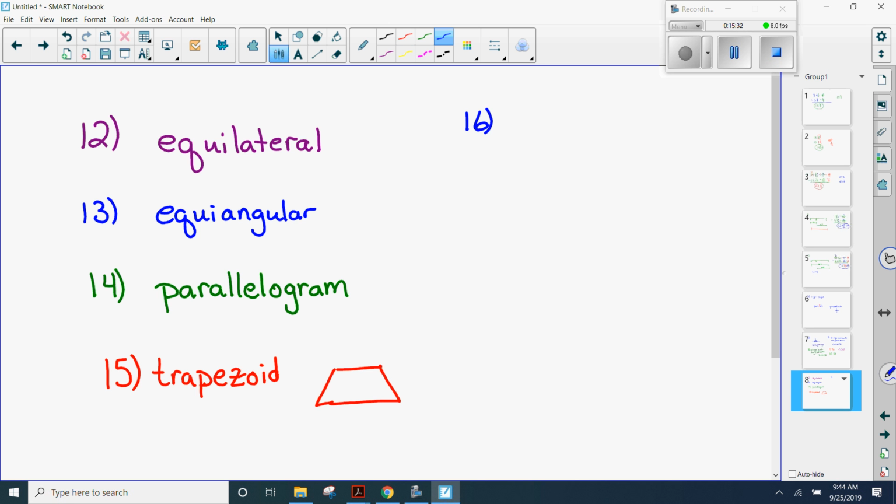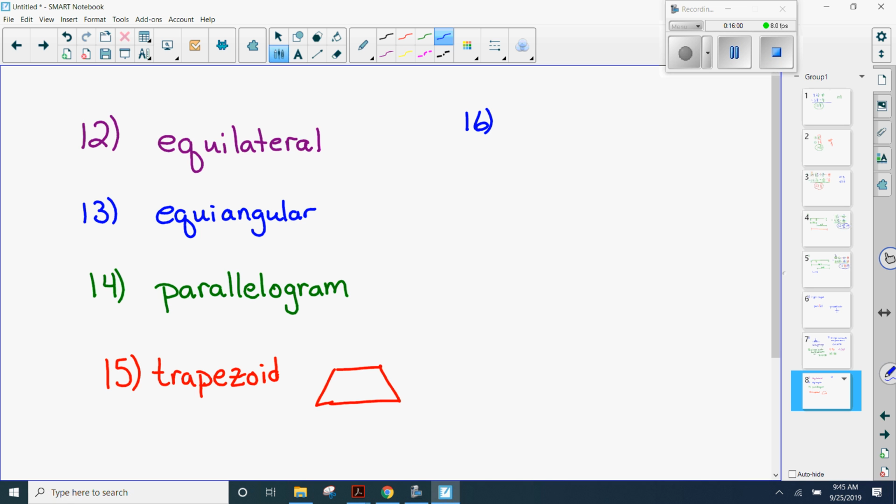16 says, what is a rectangle? It's a special type of parallelogram. What type of a parallelogram is it? I'll tell you this much.